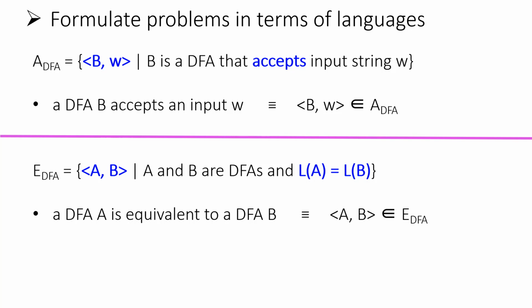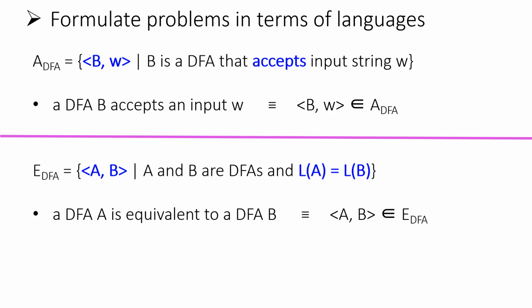You might think, how can a DFA, a machine, be an input string? Well, we can encode the machine using alphabet symbols, so long as we have a consistent way to encode. For example, I use 1 to represent state Q1, 11 to represent state Q2, and 1011 to represent the transition from Q1 to Q2, and so on.